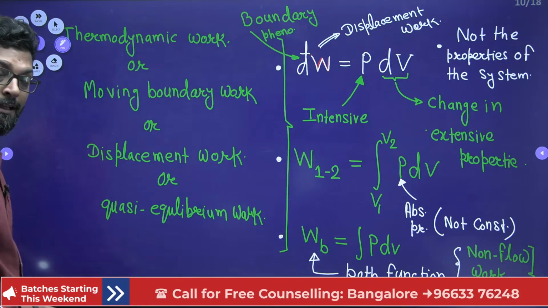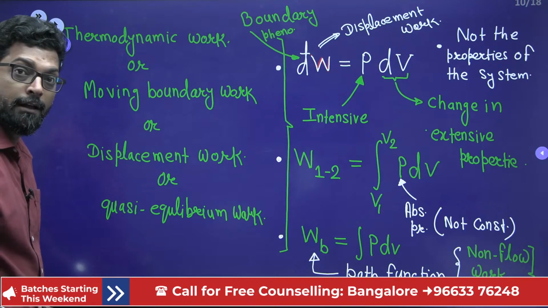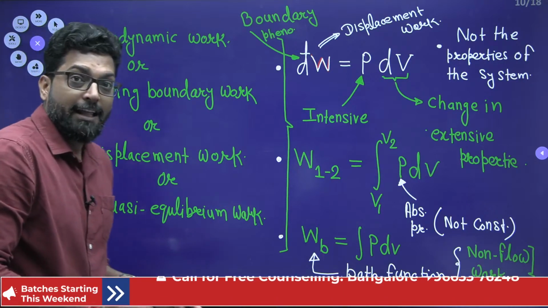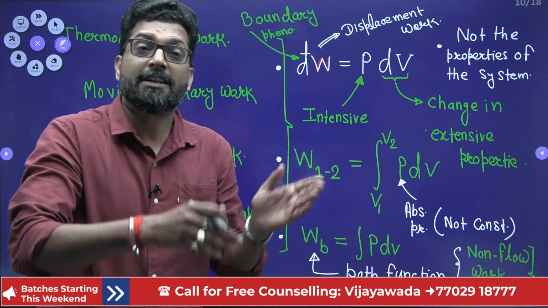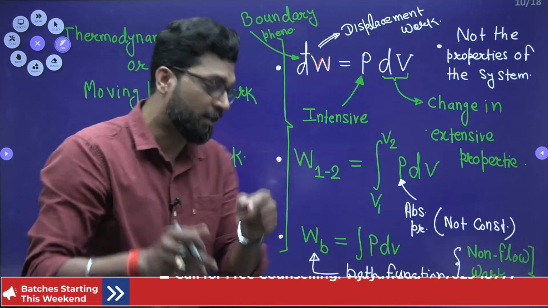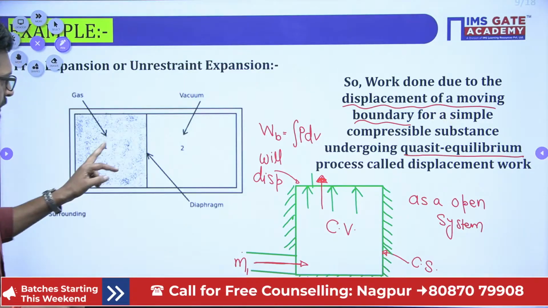And see, very important. We already said that it is not necessary that it is only displacement. Displacement against resistance. This is very important. See, this is the displacement of a boundary.